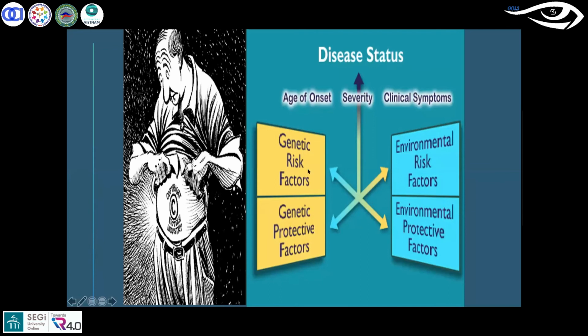Okay, there are uncontrollable factors like genetic risk factors and genetic protective factors, which our ancestors, including parents, handed over to us faithfully. And then how we interface ourselves with the environmental risk and environmental protective factors is left to us.